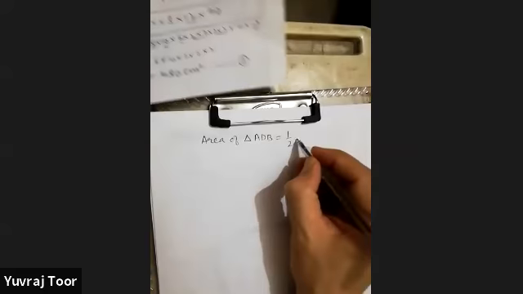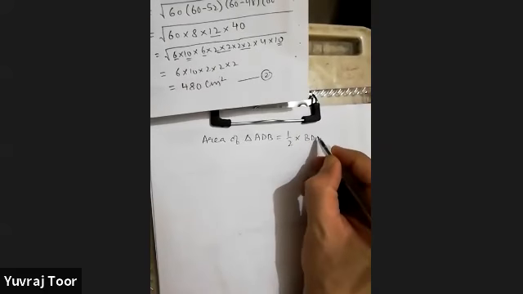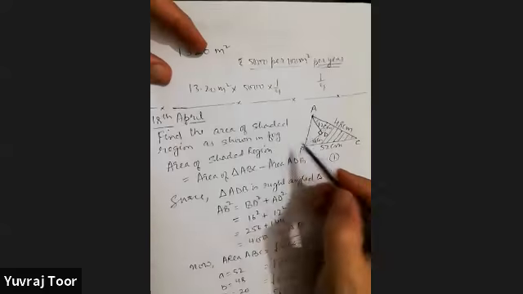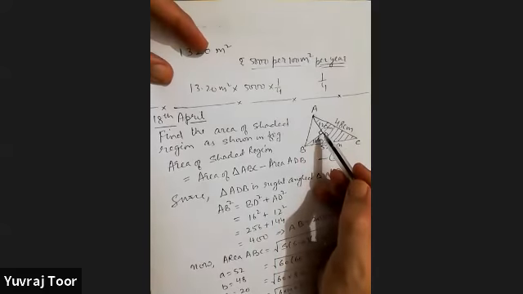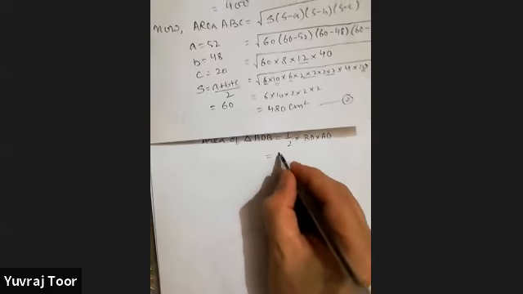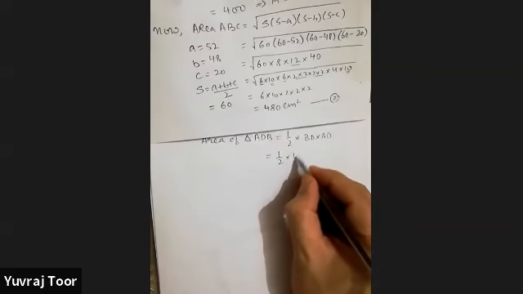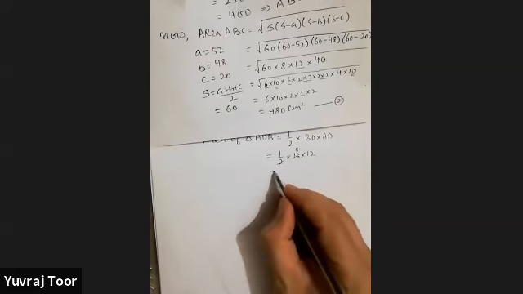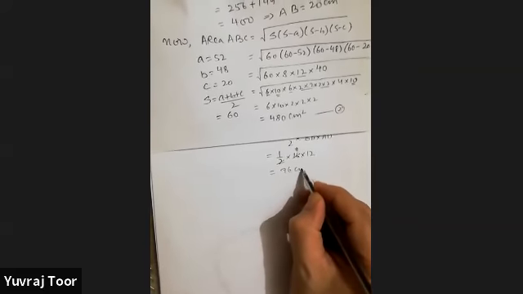Because Heron's is going to take a lot of calculation. So you can use half base into altitude. This is the base and this is the altitude, right? So what is the value of base? It is 16 and altitude 12. This gives you 8, and that's 96 centimeters square. This is the third one.